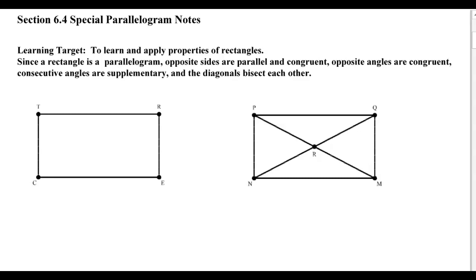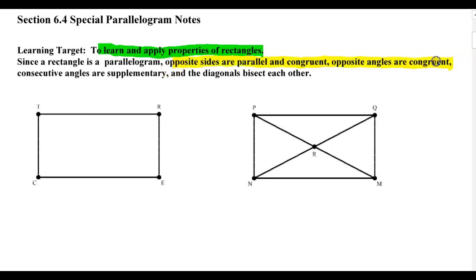Hello, geometry students. Today's learning target is to talk about the special properties of rectangles. A rectangle is a parallelogram, so it gets all the properties of a parallelogram, which I'm highlighting in yellow.